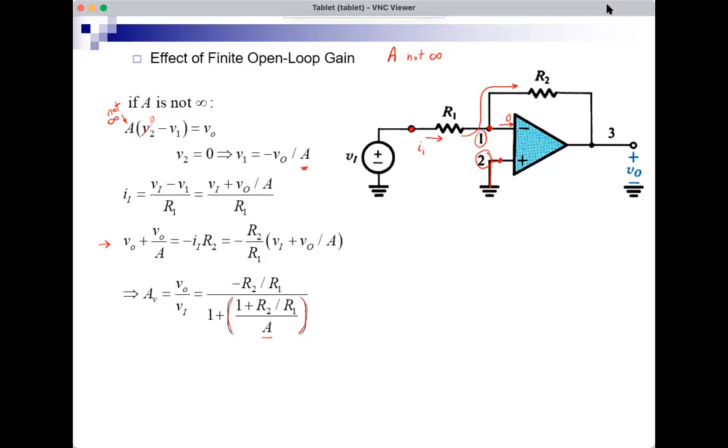A is usually very large, and the error in this expression is usually very small. So still, if I want the voltage gain with finite A, this is the expression that I can use. We call this the error term, which goes to 0 as A goes to infinity.